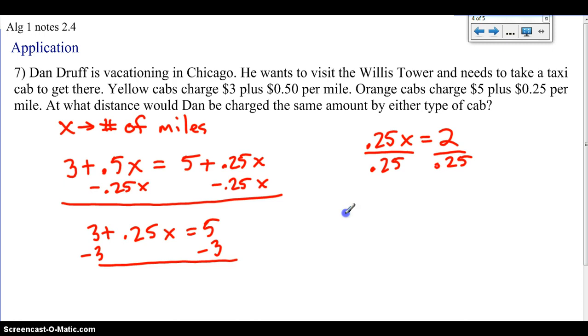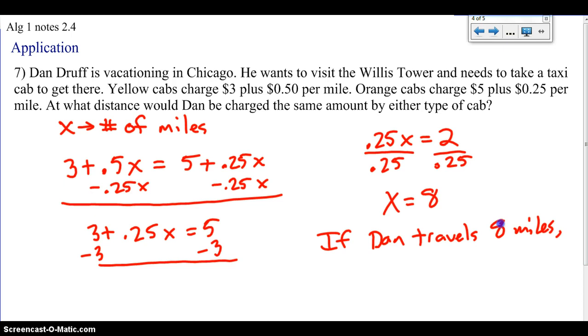How many quarters would go into $1? So in this case the answer is 8. And when I said $1, I probably should have said $2 since we're doing 2 divided by 0.25. So what we would say is, if Dan travels 8 miles, it would be the same cost for either cab.